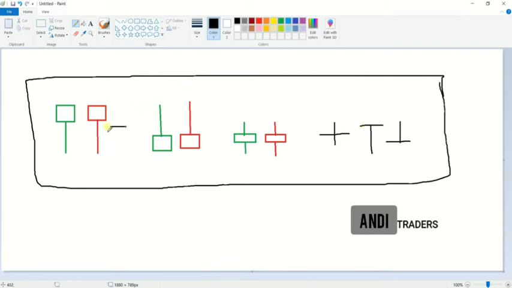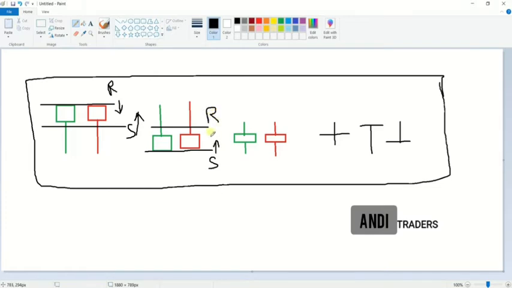If we have a support level here, we can go with buyers. If we have a resistance level here, we can go with sellers. Also here, if we have a support level, we can go with buyers. If we have a resistance level, we can trade down. If we have a support level, we can trade up. If we have a resistance level, we can trade down.